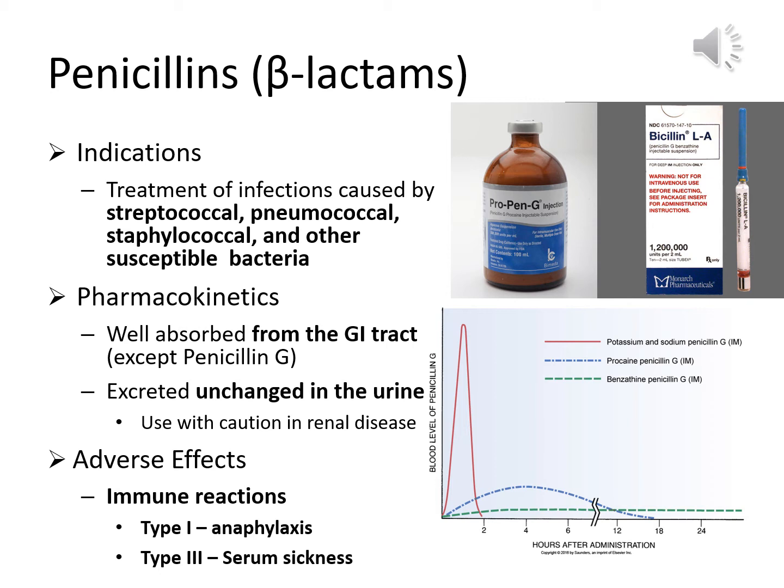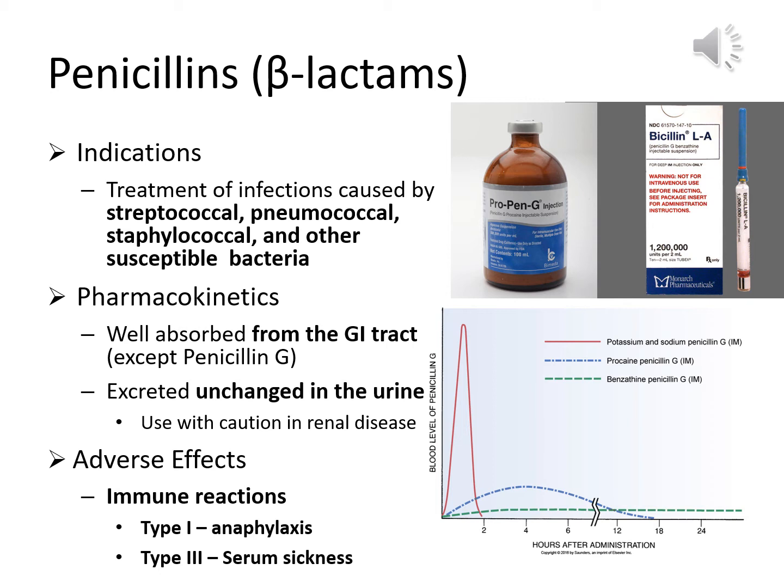The green line at the bottom is the benzathine penicillin, where we have a very low concentration in the blood, but it stays very flat and steady out to about 5 to 10 days, depending on the dose and the individual. So that would be the long-acting penicillin G.